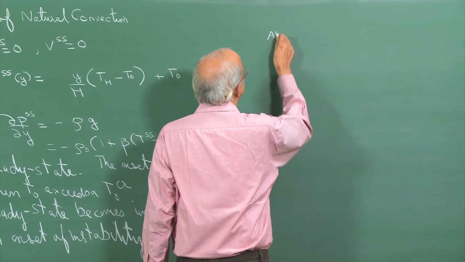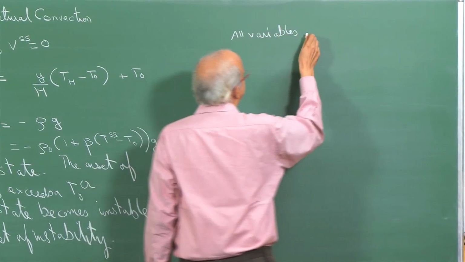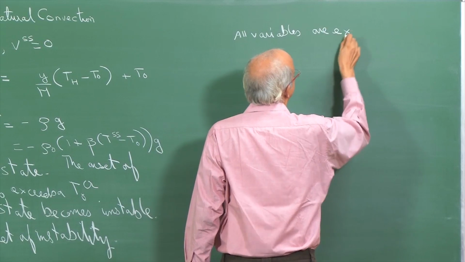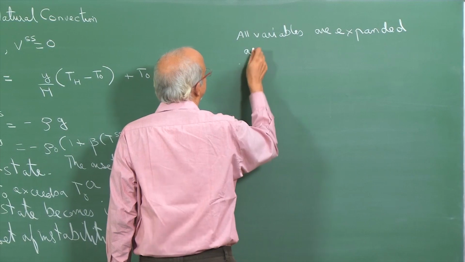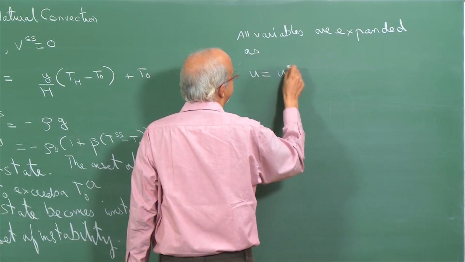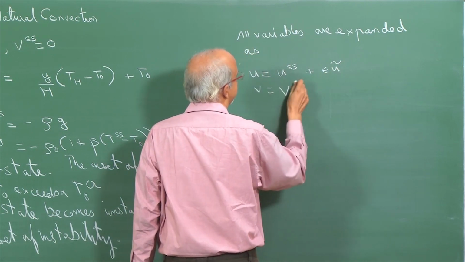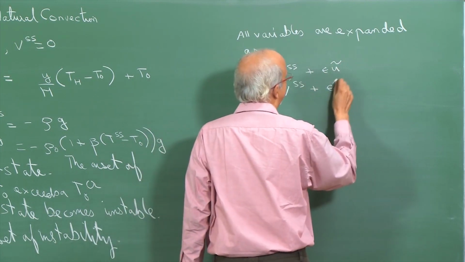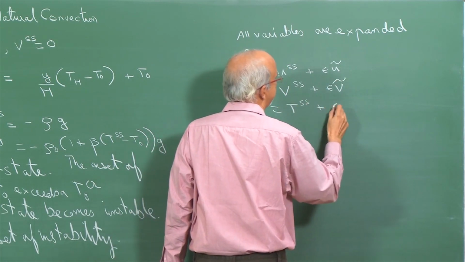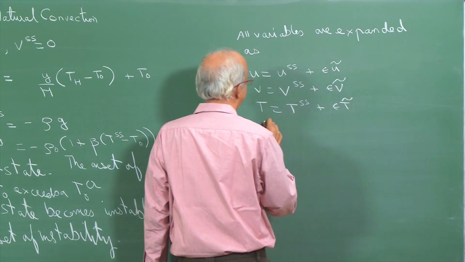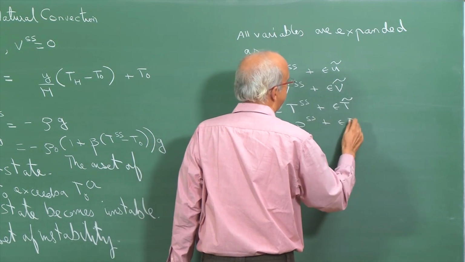All the dependent variables are expanded as u equals uss plus epsilon u tilde, v equals vss plus epsilon v tilde, T is TSS plus epsilon T tilde, and pressure is PSS plus epsilon p tilde.